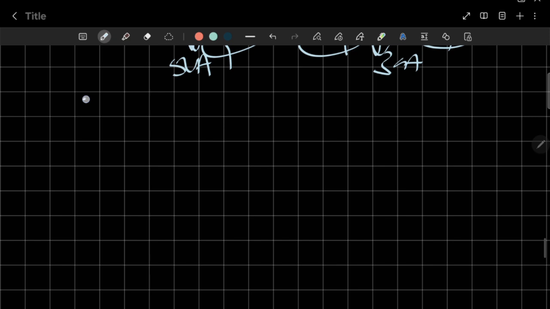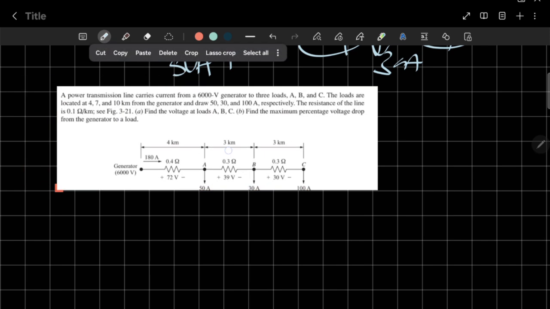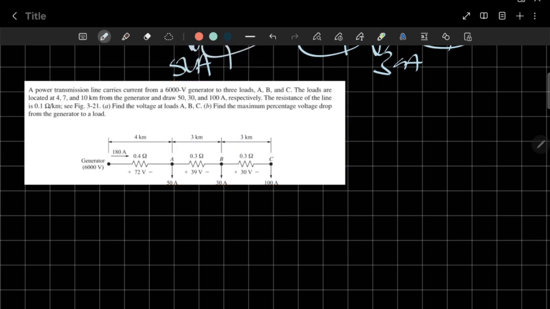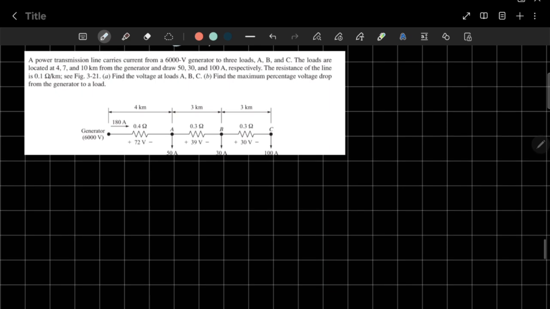See carefully. I have copied the problem once again. They have given that for every kilometer a certain amount of resistance is there, that is 0.1 ohms per kilometer.